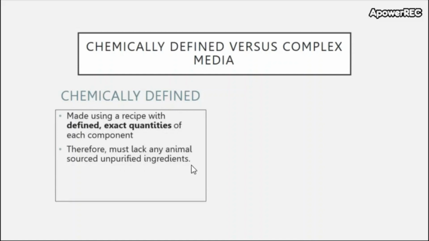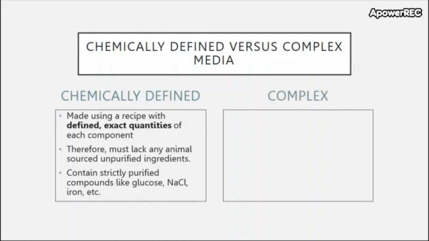Instead of using some sort of protein extract from an animal, it would just be this amino acid and that amino acid and the third amino acid in this concentration for each one individually. And it contains strictly purified compounds like glucose and table salt, NaCl, iron, etc.